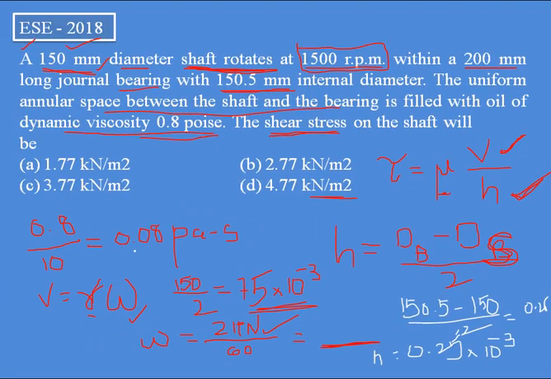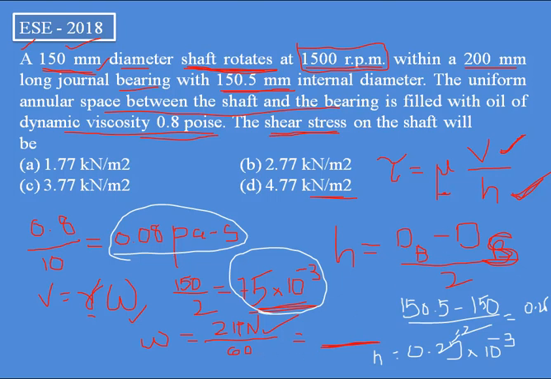Now take these values, which are the dynamic viscosity in Pascal seconds, R in meters, and 2 pi N by 60, which is 2 pi into 1500 divided by 60.